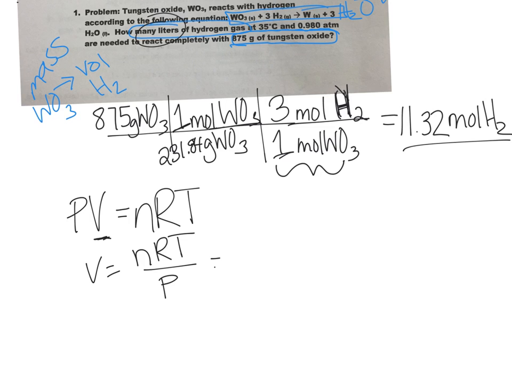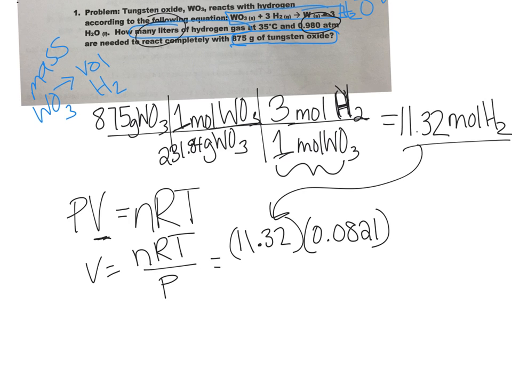We're going to pay attention to our units so we know which R we're using. For n, we have moles now: 11.32 moles, which came from our answer. For R, we have to figure out what pressure they're using. We're using 0.980 ATM, so we go with the 0.0821 R because of the ATMs.